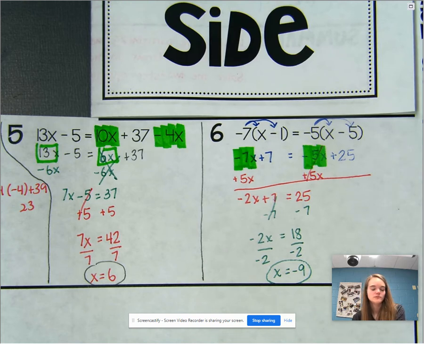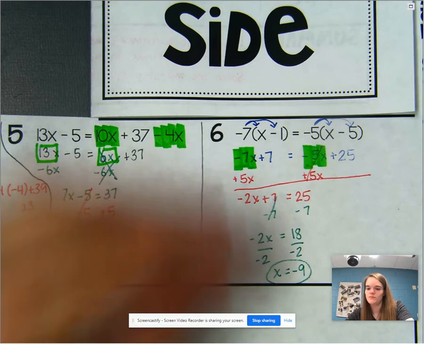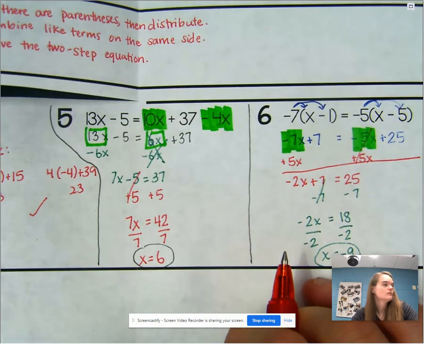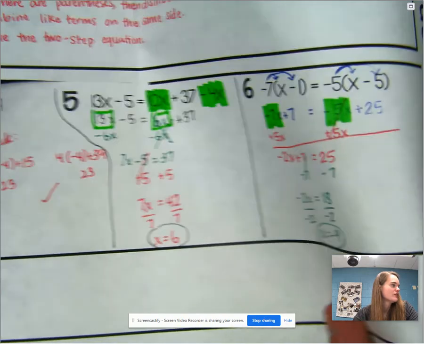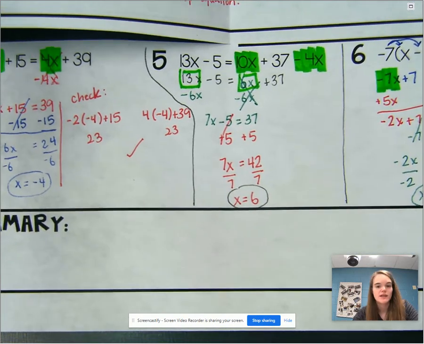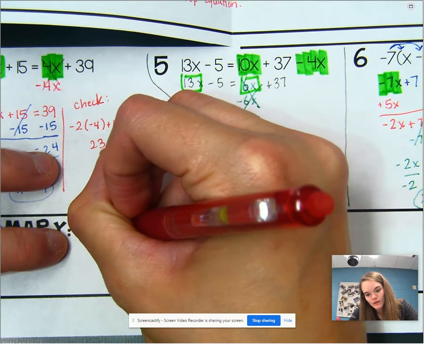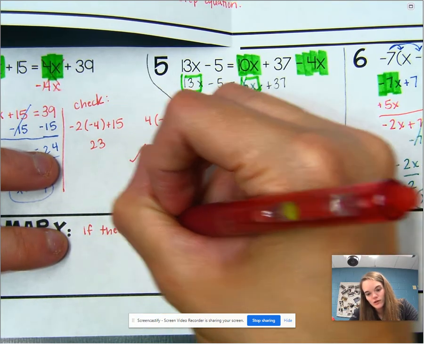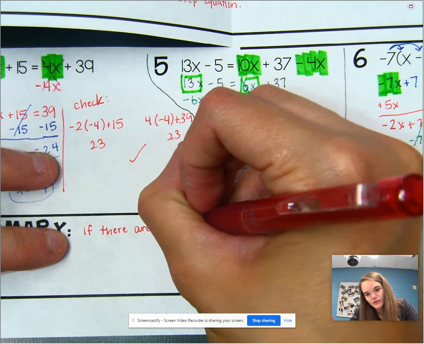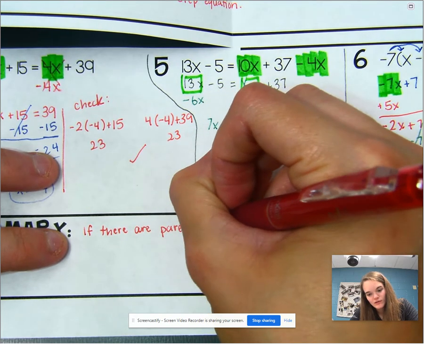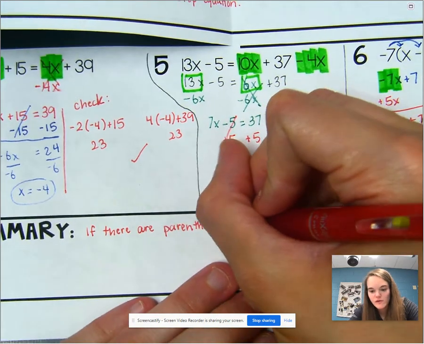Okay? We're going to write a summary. Just like before, I'm going to open it kind of as a reference. So, if there are parentheses, then distribute.